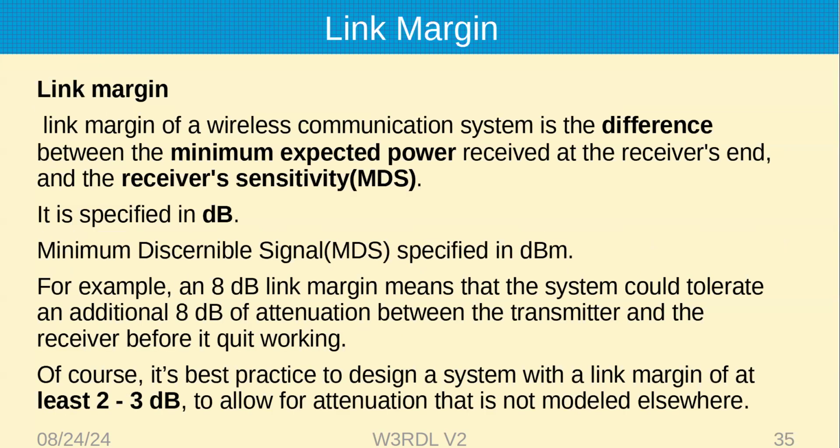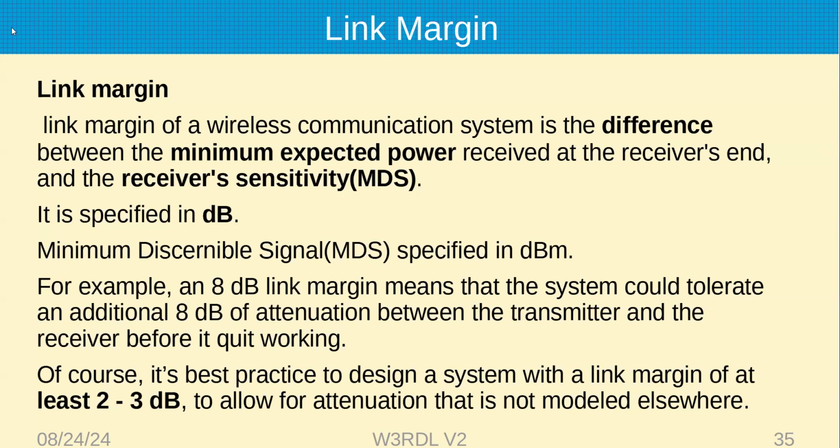Okay, link margin. This is one of the things that really becomes important on trying to do something like Earth, Moon, Earth, where that link is difficult. What you do is you add up all the losses in the system and then subtract those from the gain or the power of the system, and the net result is the link margin.